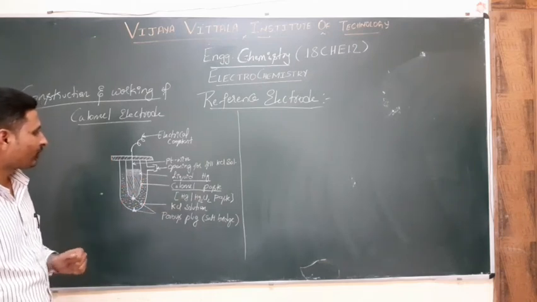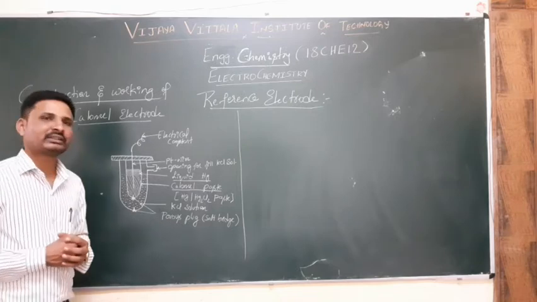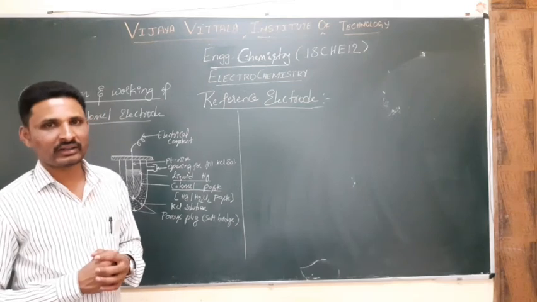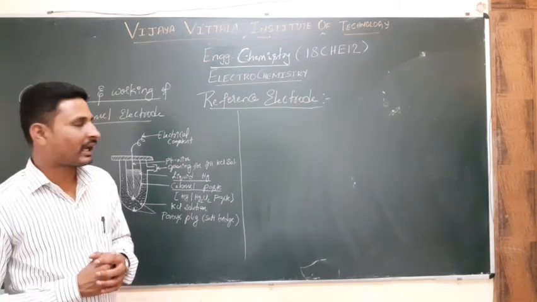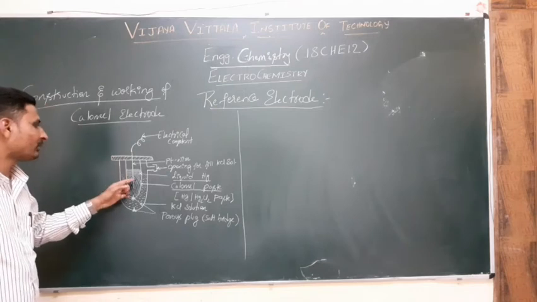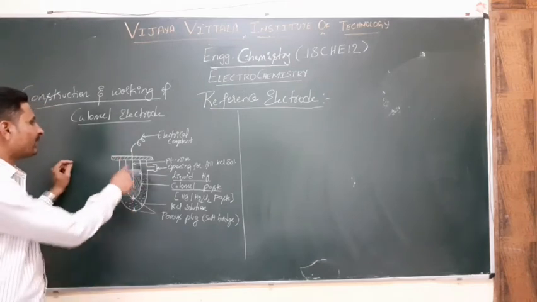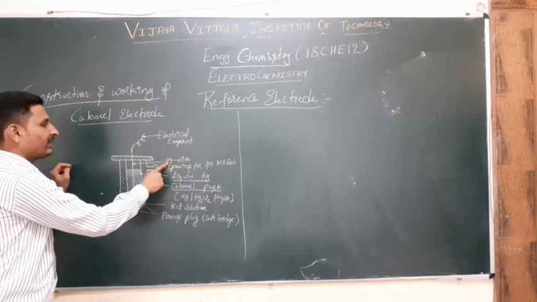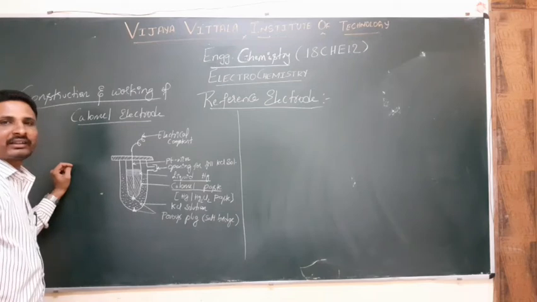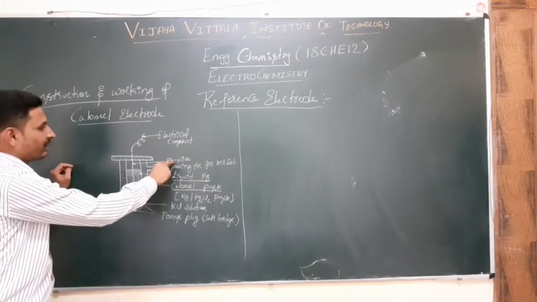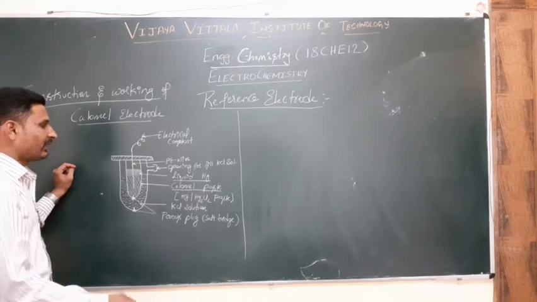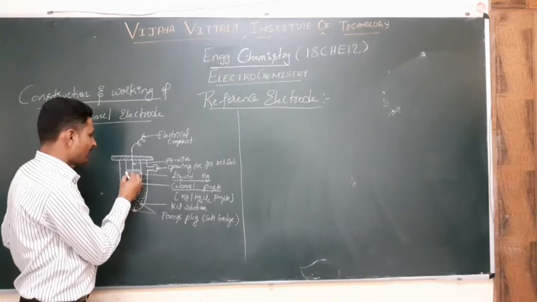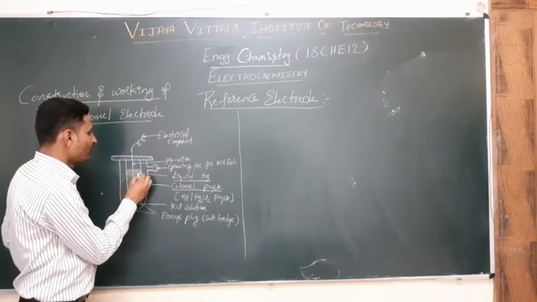And then, for the measurement of the potential of the electrode, a platinum wire is dipped into the liquid mercury. See here, this is the platinum wire, which gives electrical connectivity.